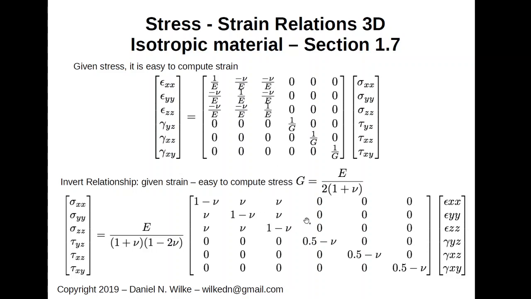So we can then sort of symbolically invert this, and that you can really do with SymPy very easily to just invert this expression, and then you end up with this sort of relationship to say the strains are related to the stresses, and this is the relationship that we have.